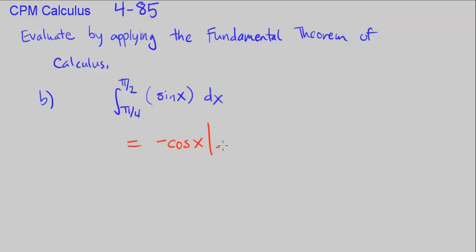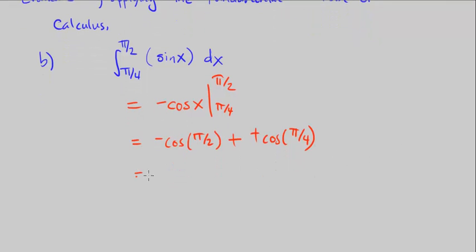And then we go from the boundaries pi over 4 to pi over 2. Plug it in, so we have negative cosine of pi over 2 minus negative cosine of pi over 4. This becomes plus.